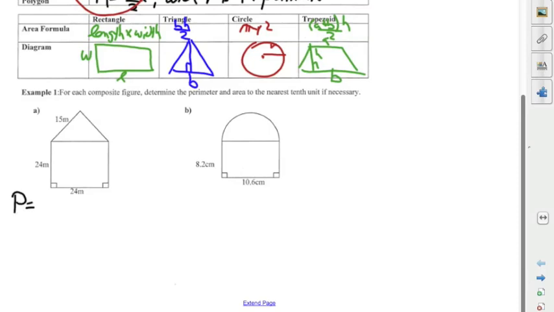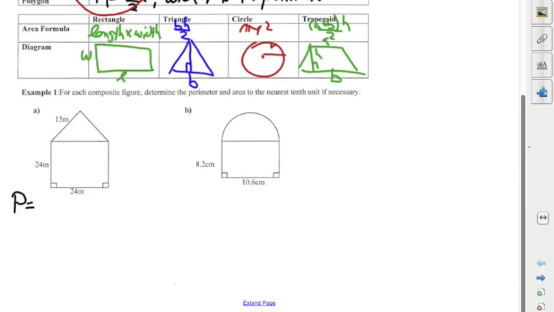So watch what I'm doing here, because I want to work a little bit with you guys on notation. I already started this with grade 10. It's not a really hard concept, so I want to introduce it to you so that you can see where we're going with this. So here we want the perimeter of the whole thing.